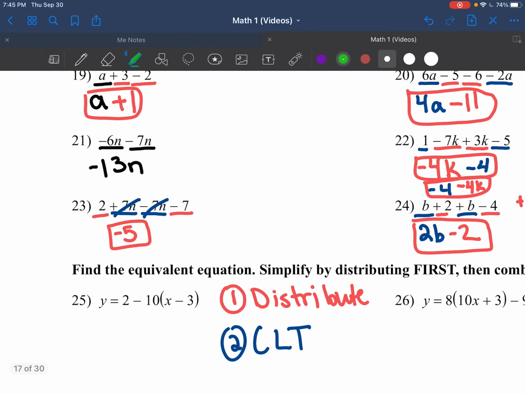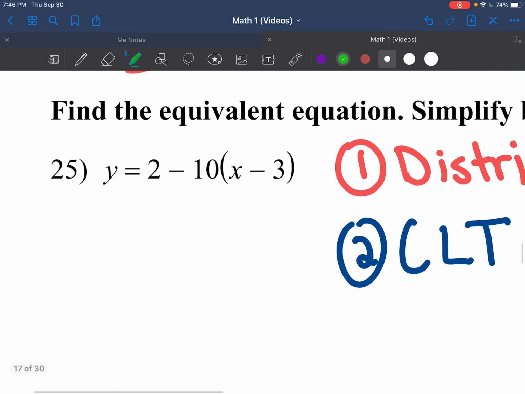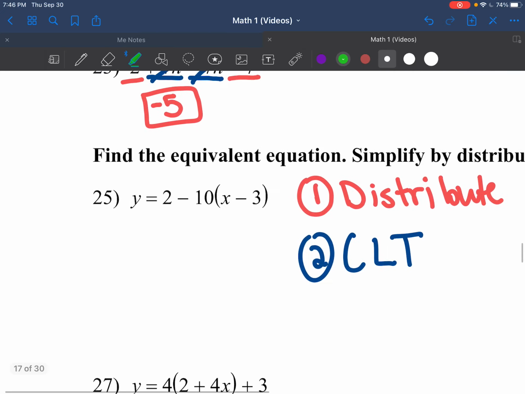And now we're going to work on 25, and just 25, because the remaining of this will be your homework. So the whole reason we did distributing and combining like terms is so we can find equivalent, which means equal, expressions or equations. So first, what we will do is we will distribute.